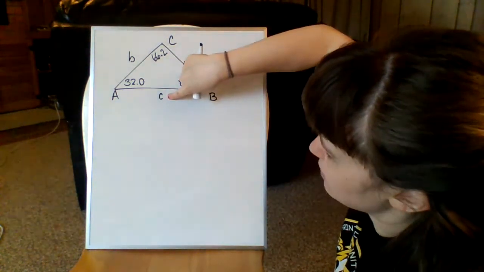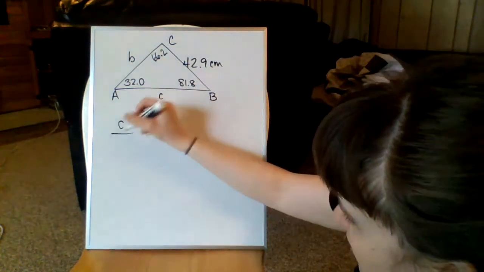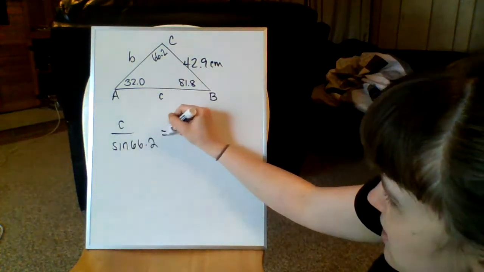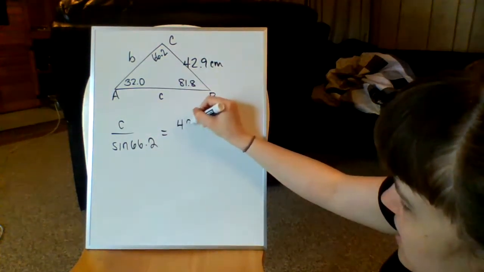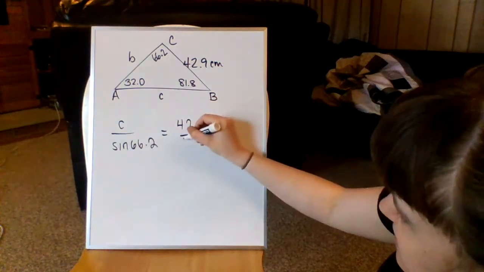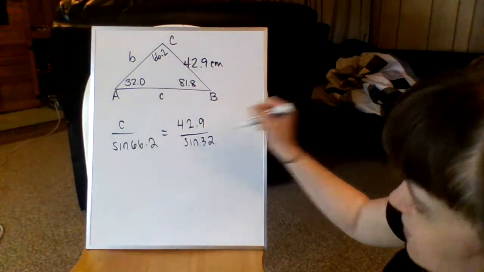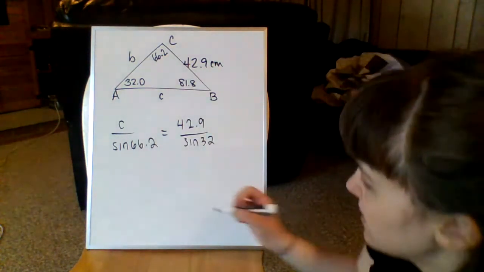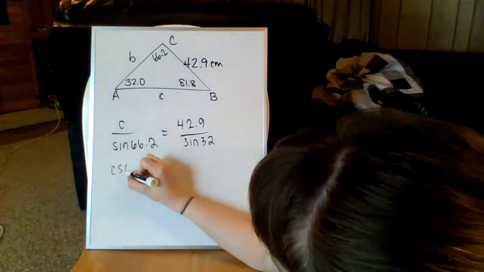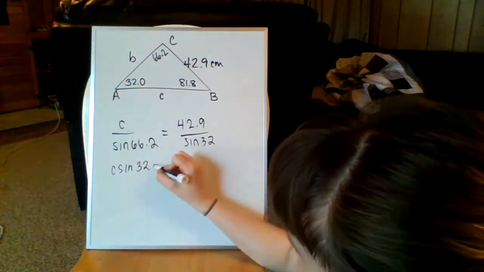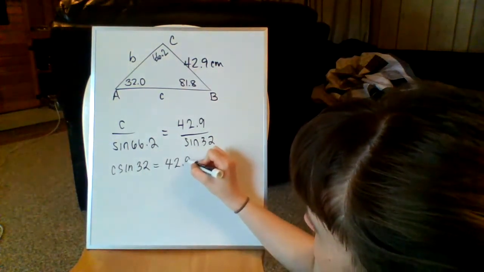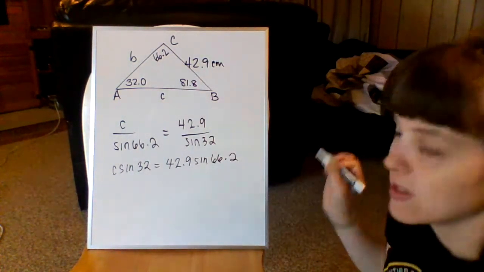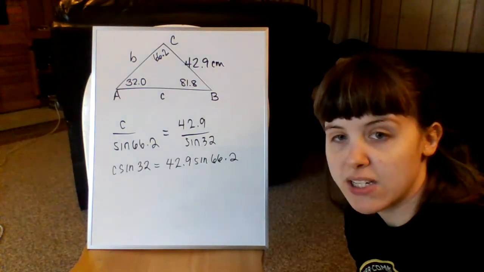So we're going to say C over sine 66.2 equals 42.9 over sine 32. Okay? So we're going to cross multiply again. C sine 32 equals 42.9 sine 66.2. And then we're going to divide by sine of 32.